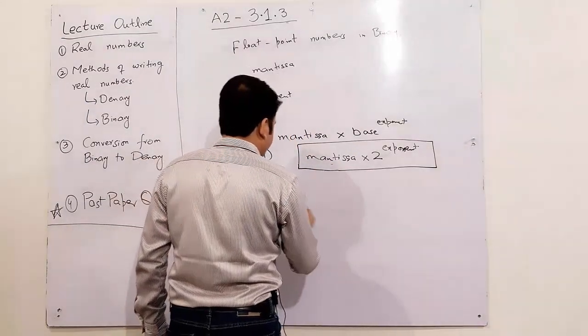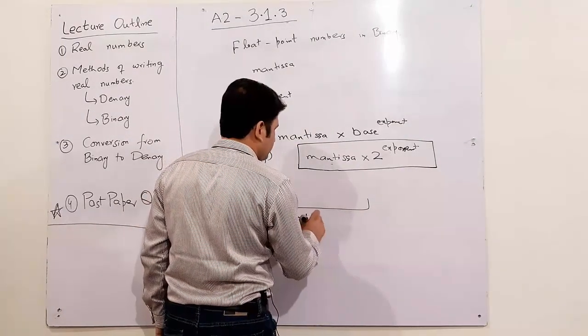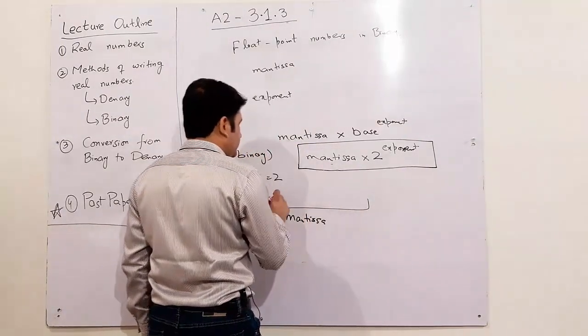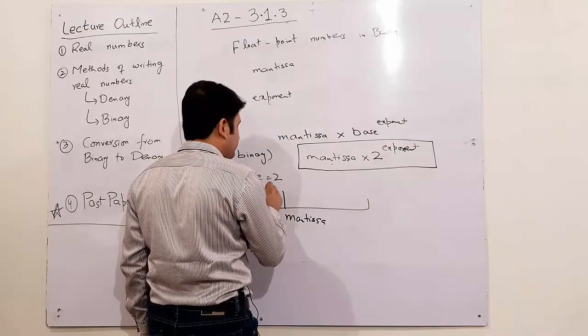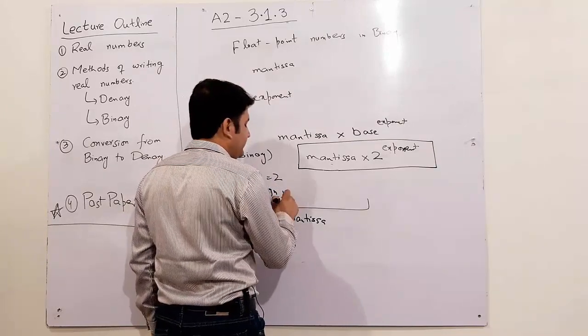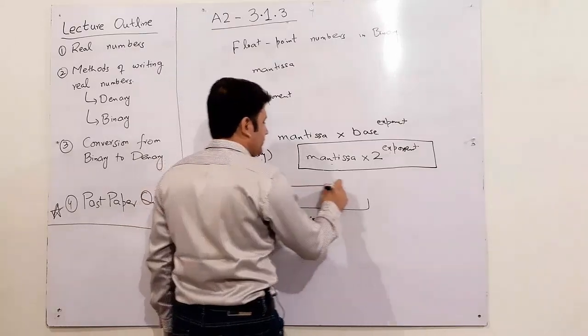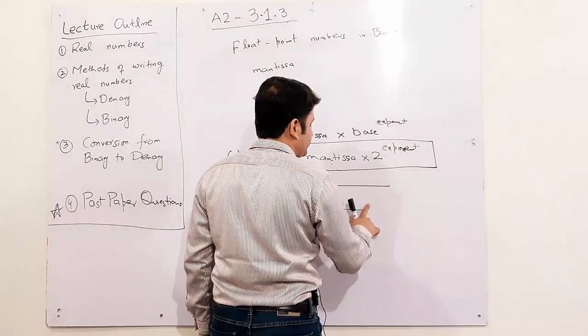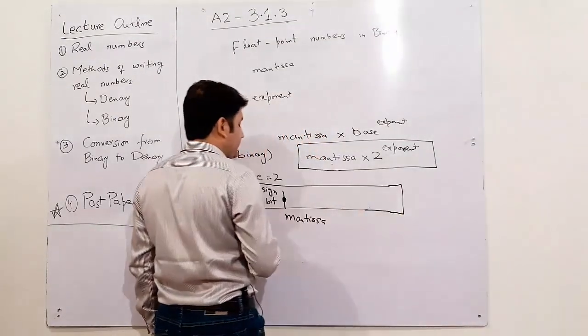So we have the Mantissa part. In it, the first bit, which is the leftmost bit, is the sign bit. Then we have a decimal point, which is written as such. Then we have various places, which are known as positional significances.